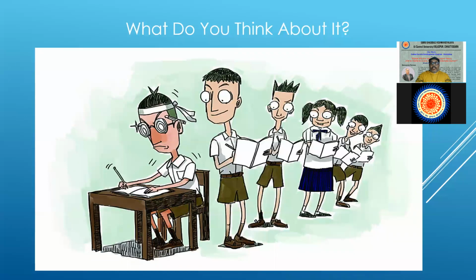Look at this picture. It is a most famous picture I generally use in my training sessions, where one person is writing something, others are standing behind, and there is a chain of people, and they are looking at the next person. Means they are copying the content from the next person, isn't it?